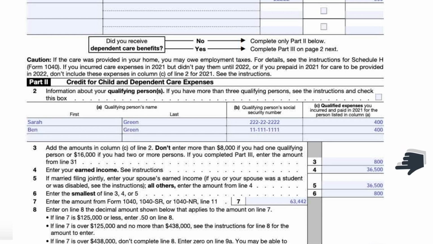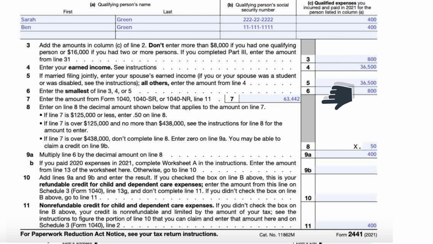On line 4, earned income is entered. Line 5 is for a spouse's income. If there is no spouse, such as in Emily's case, you just enter the earned income again. Line 6 is the smallest of line 3, 4, or 5. Line 7 is for the amount on line 11 of Form 1040, which is adjusted gross income.